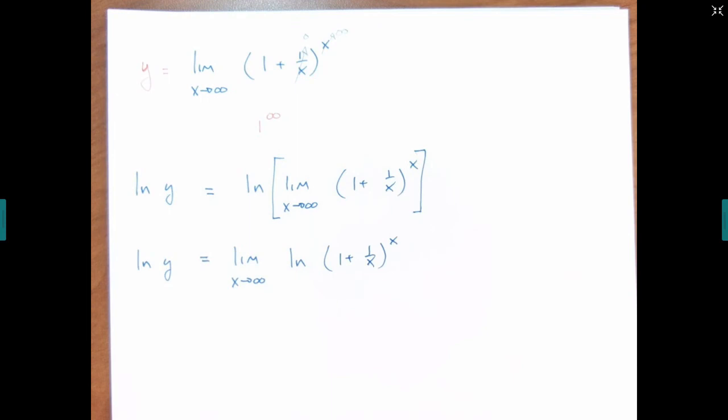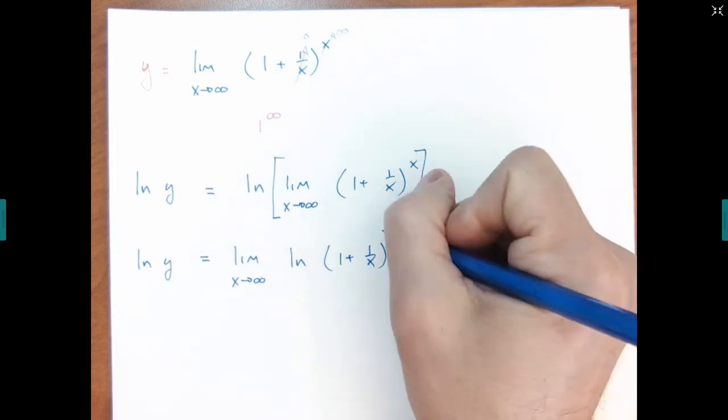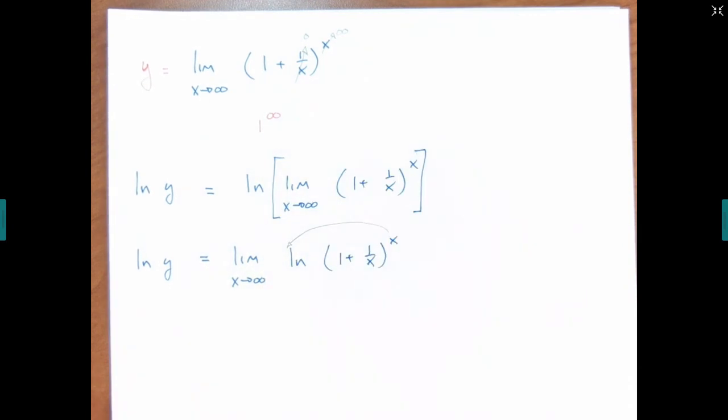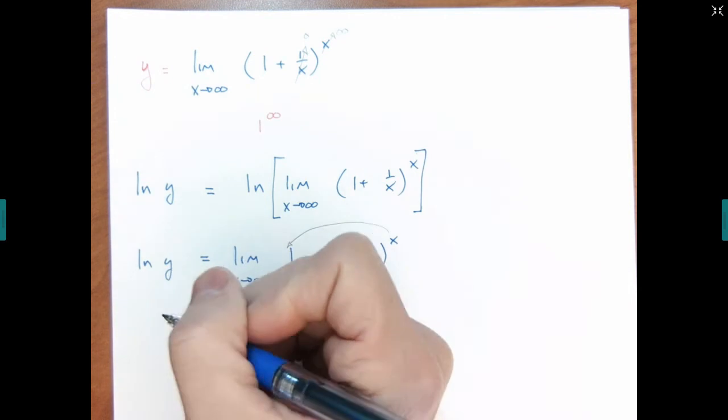It's just looking like this, and of course the reason we wanted to do this is so that we could use that property of logarithms to write it as a product. And after we write it as a product, we still have some more work to do potentially, so let's see where this takes us.